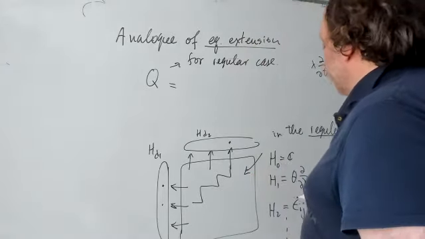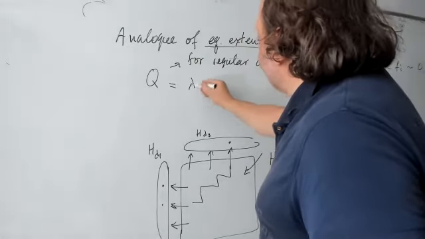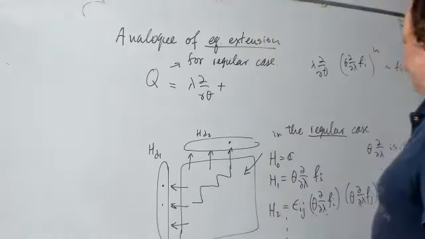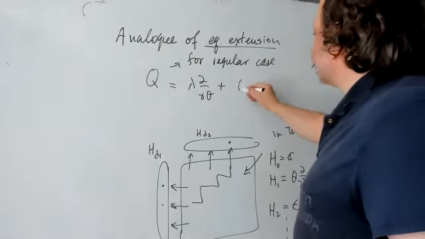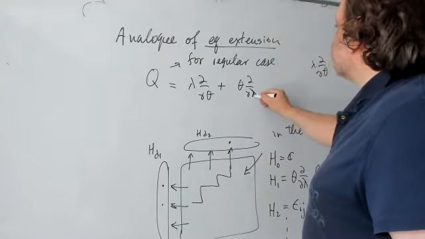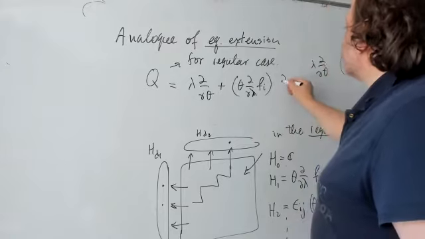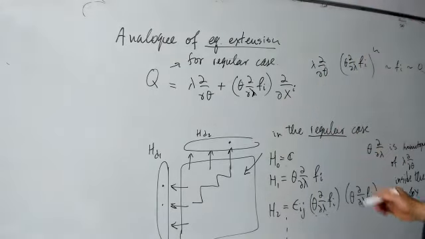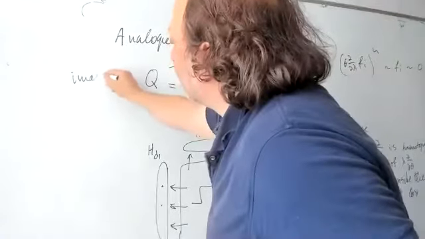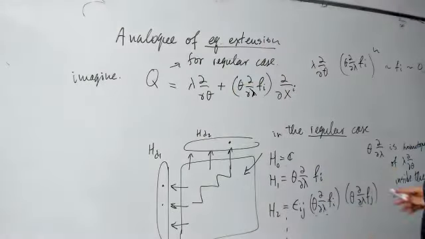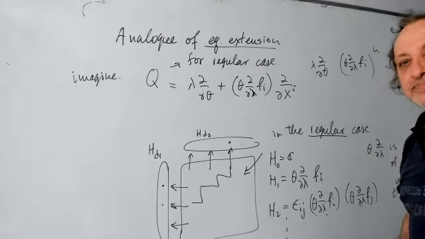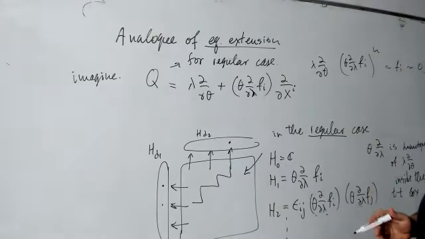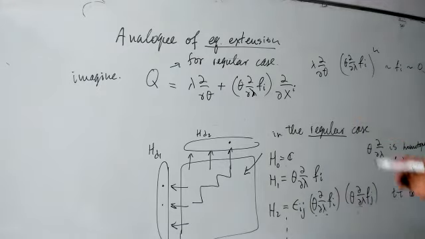Q, that once again is lambda d over d theta plus... just imagine this. So instead of considering the actual case where these f's are made out of gamma quadrics, we consider this model.